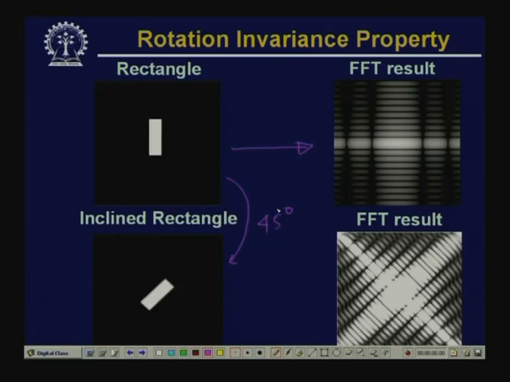If you compare the Fourier transformation of the original rectangle and the Fourier transformation of this rotated rectangle, you find that the Fourier transform coefficients are also rotated by the same angle of 45 degree. So, this illustrates the rotation property of the discrete Fourier transformation.